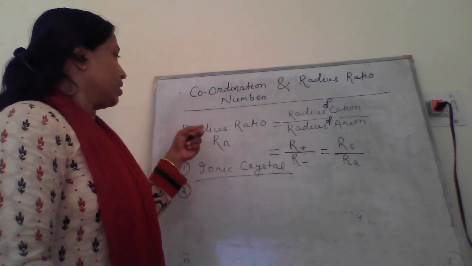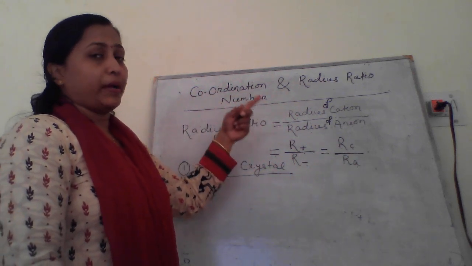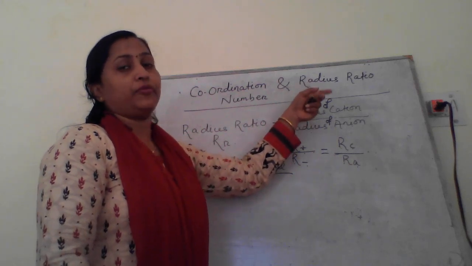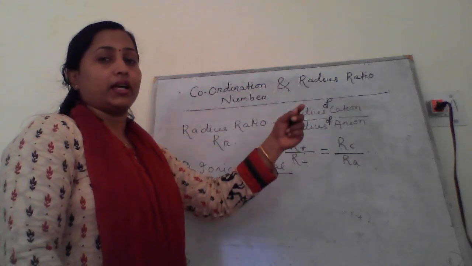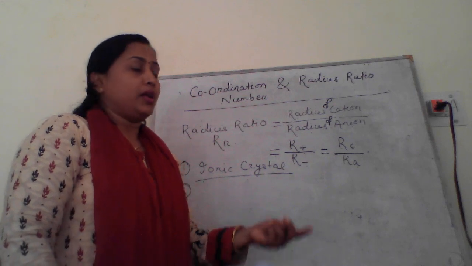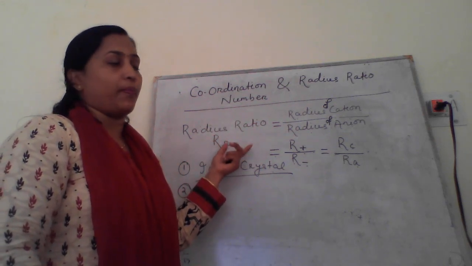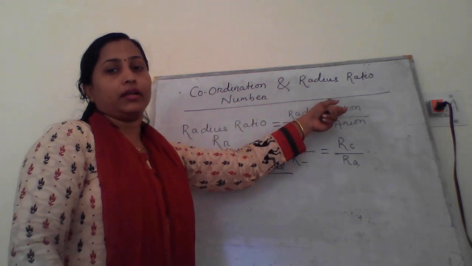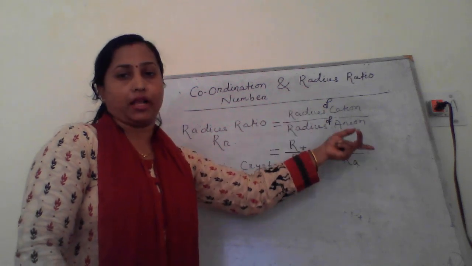This means the radius ratio depends upon the radius of cation rather than the radius of anion.